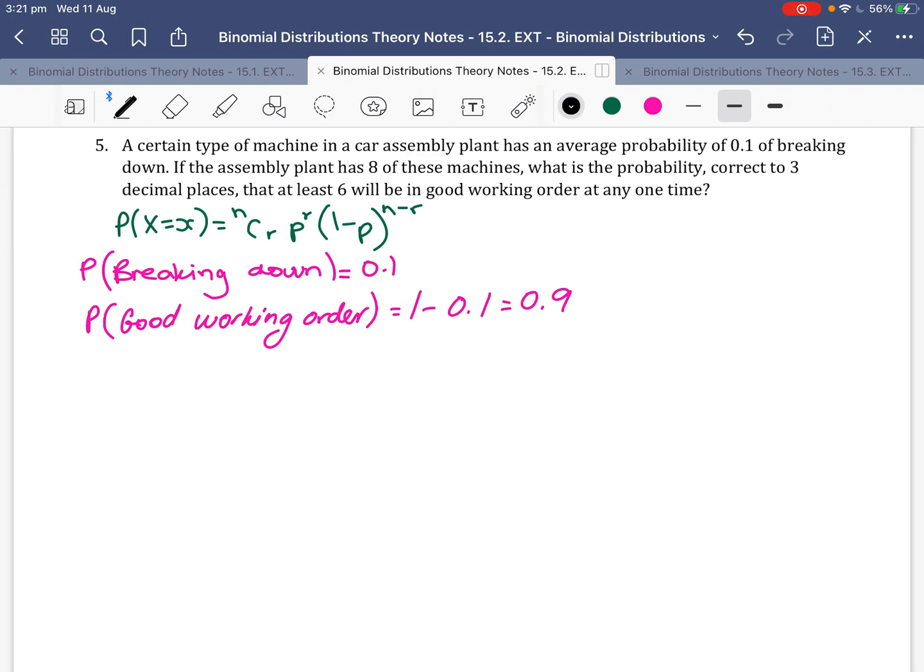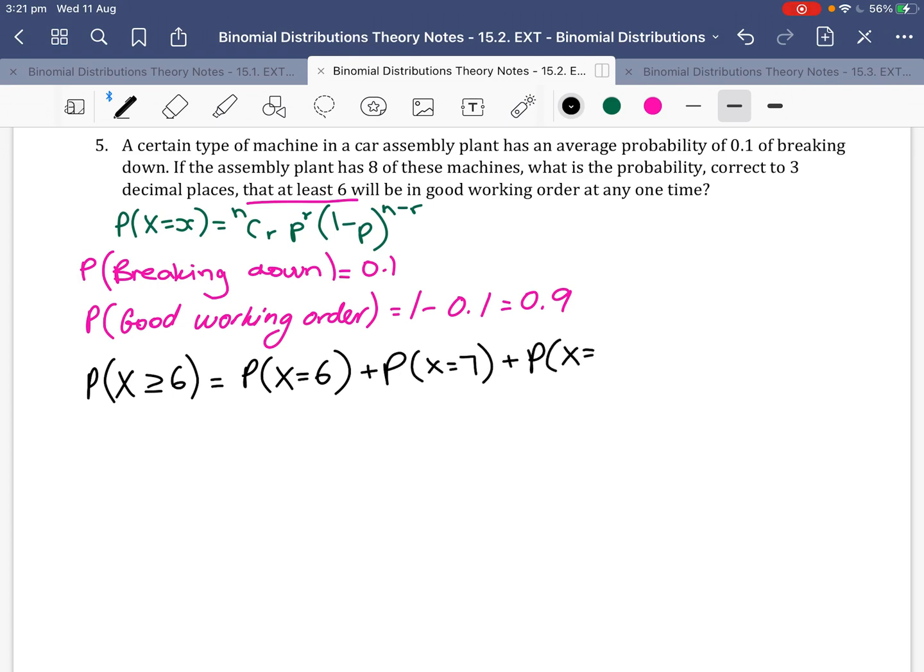Now, we want that at least 6 will be in good working order. So we'll have the probability that x is greater than or equal to 6, which equals the probability that x equals 6, and we have 8 machines, so the probability that x equals 7, and the probability that x equals 8.